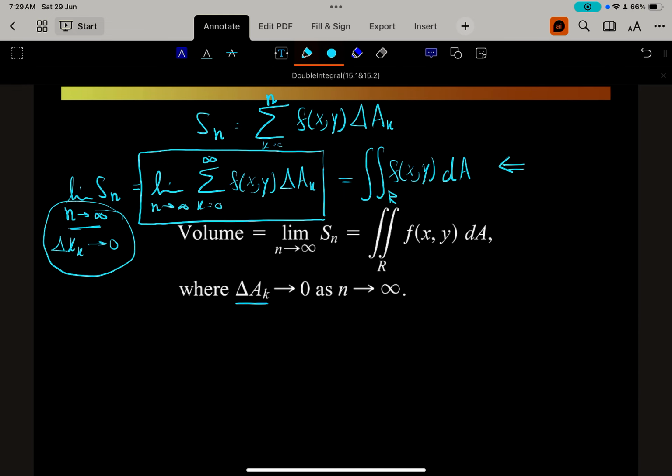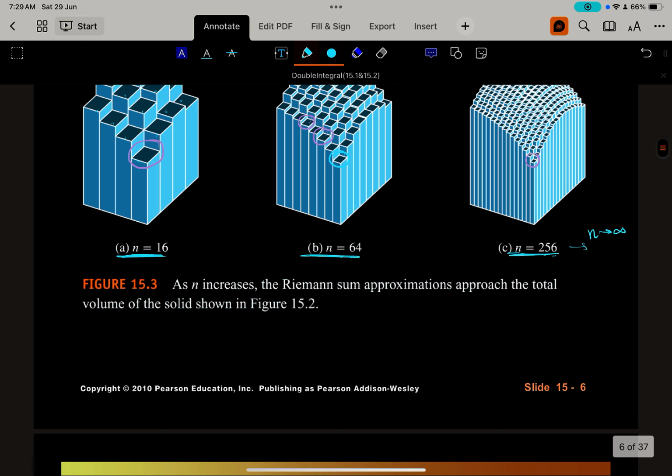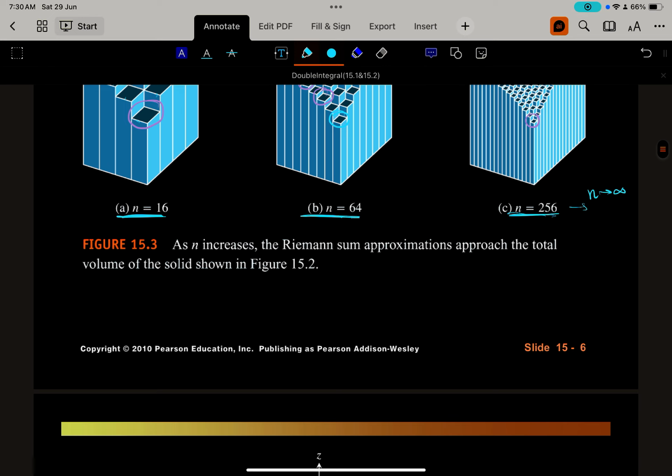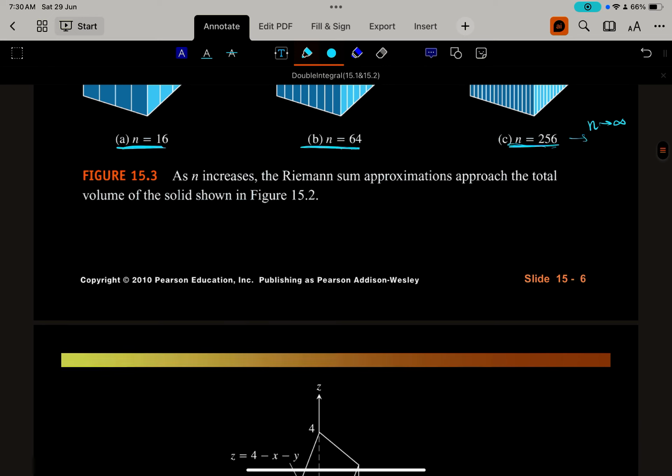As n approaches infinity, the area of each individual box approaches 0. And so that's what we are doing here basically. So as n increases, the Riemann sum approaches the total volume of the solid.